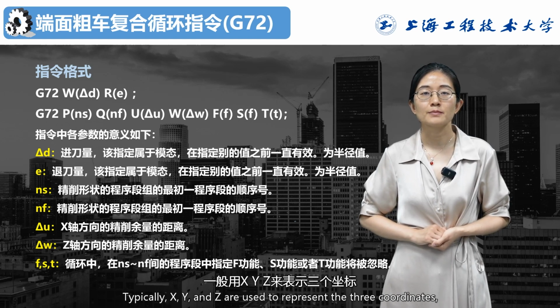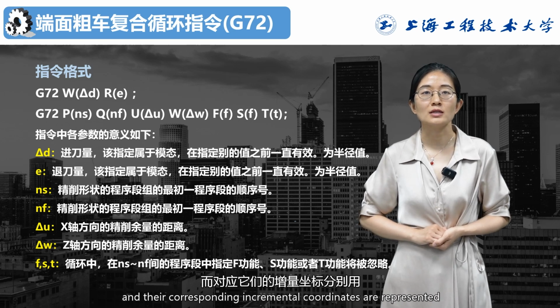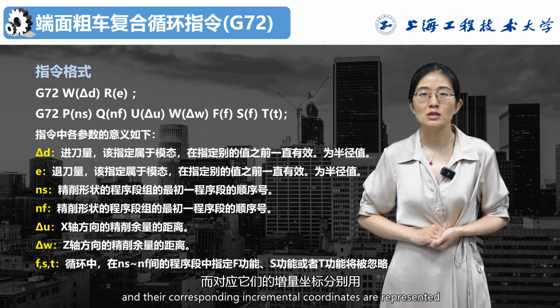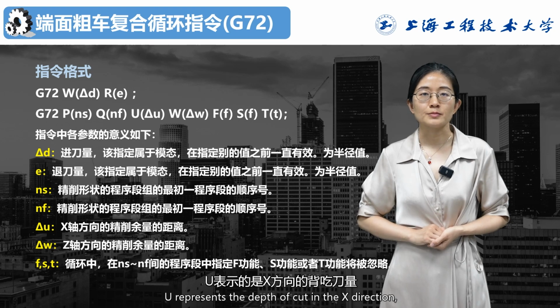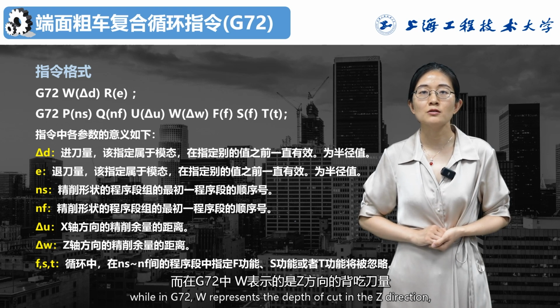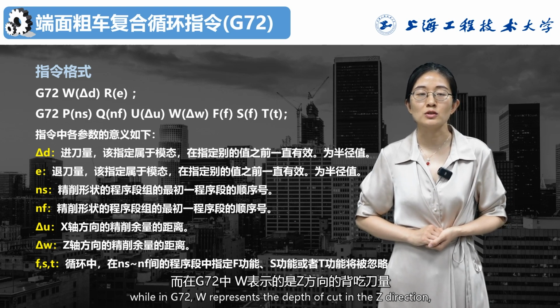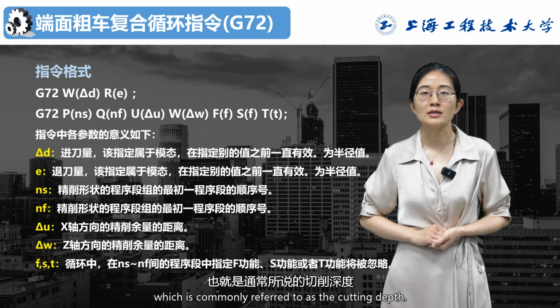Typically, X, Y, and Z are used to represent the three coordinates, and their corresponding incremental coordinates are represented by U, V, and W. So in G71, U represents the depth of cut in the X direction, while in G72, W represents the depth of cut in the Z direction, which is commonly referred to as the cutting depth.